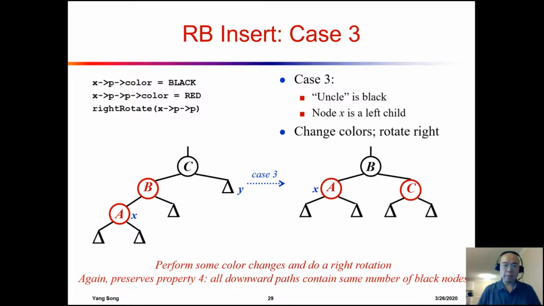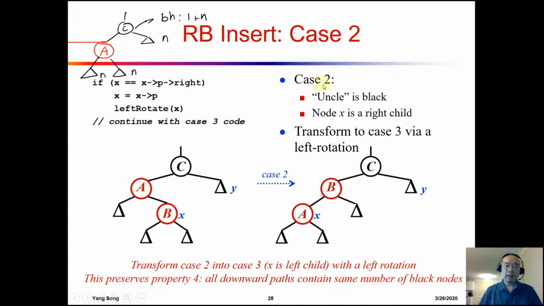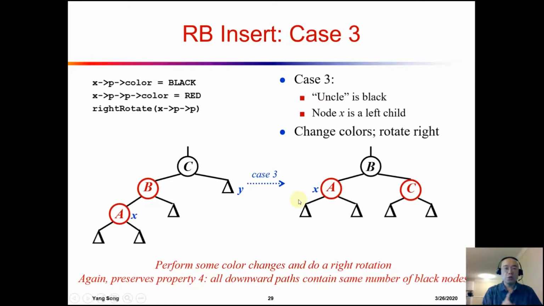So let's step back again. For case 2, B's uncle is black. However, B is the right child, and we don't want that. We want to do a rotation so that B has a left child A, and after that we have C, B, A. It transforms to case 3.